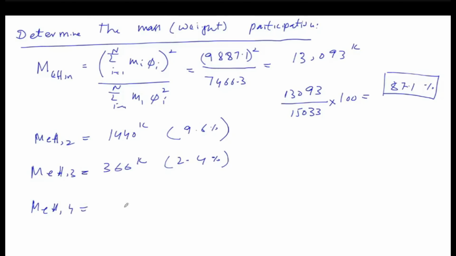M effective 4 is 97 kip, and its contribution to the total effective mass is 0.6%. The same is the M effective 5. It is 37 kip, and its contribution is 0.2%.